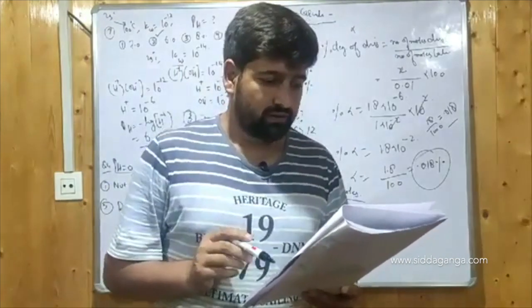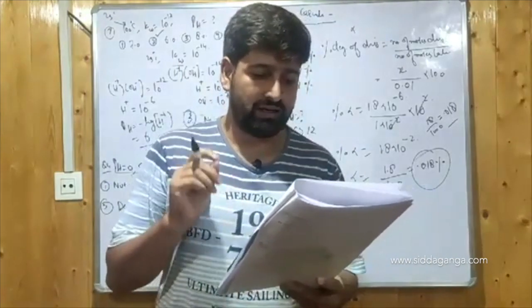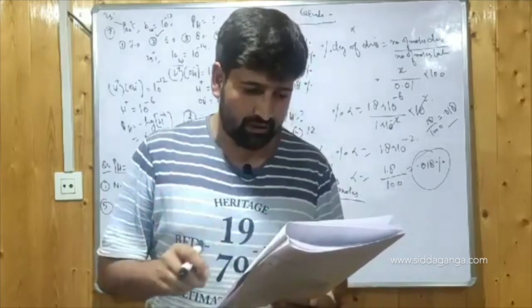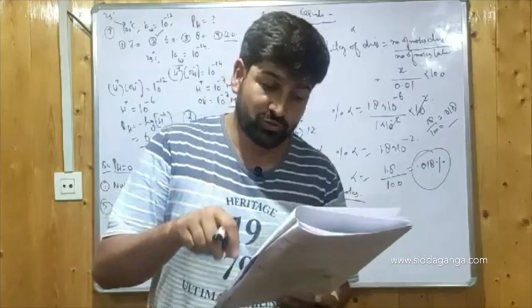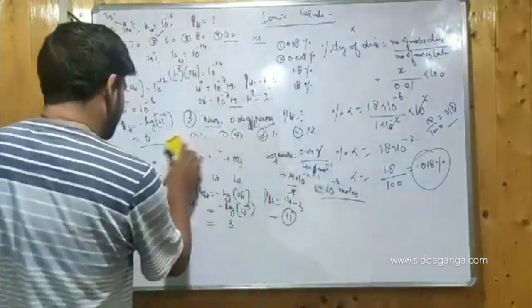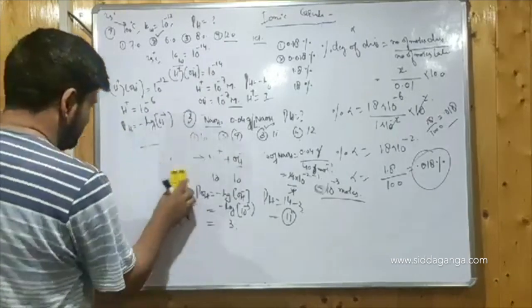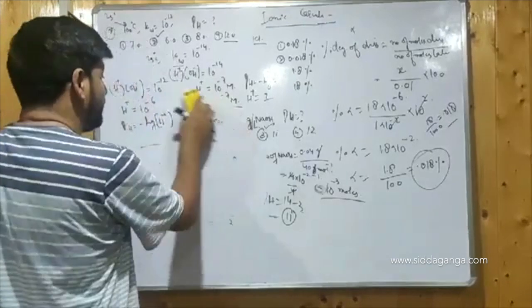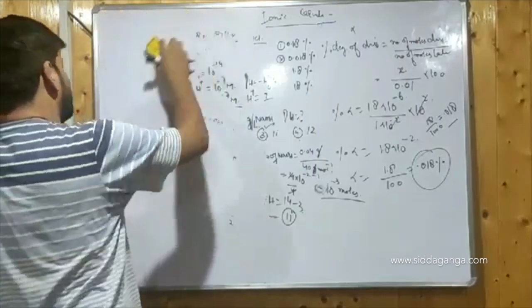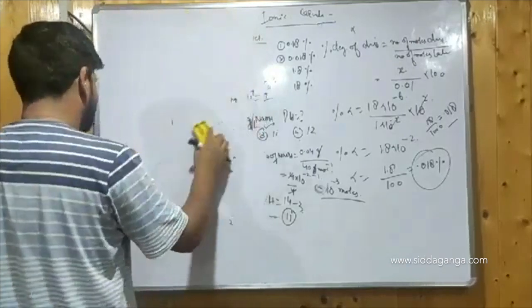We have 100 ml of 0.1 normal NaOH mixed with 100 ml of 0.1 normal H2SO4. Very simple. 0.1 normal H2SO4, not molar. If it is molar, we need to change it, right?